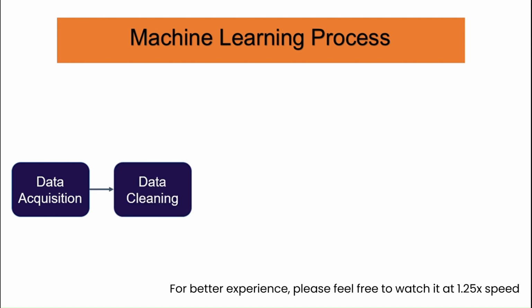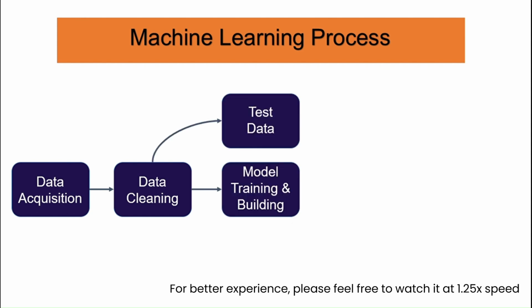The next step is data cleaning. The data has to be cleaned and formatted, mostly using the pandas library, so that there are no missing values or any other errors in the data, and the network would be able to process it. The data would then be split into training data and test data set, usually in the 70-30 ratio or 60-40 ratio.